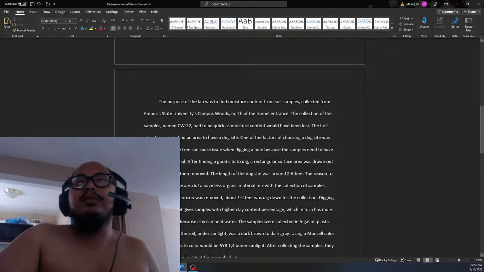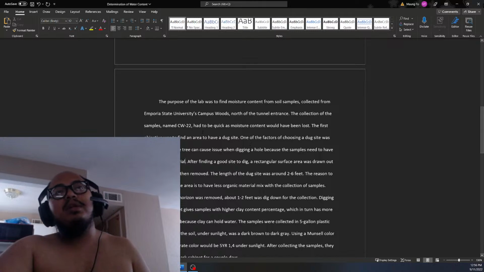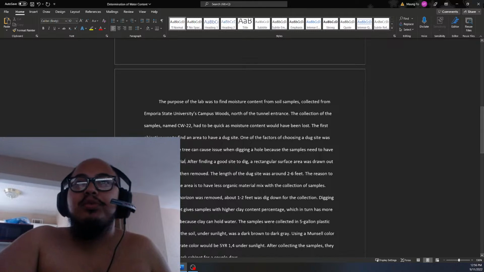Alright. The roots of the trees. I don't think it causes trees. Doesn't sound right. Roots of the tree can cause issues when digging a hole because the samples need to have less organic material. I don't think it causes it.